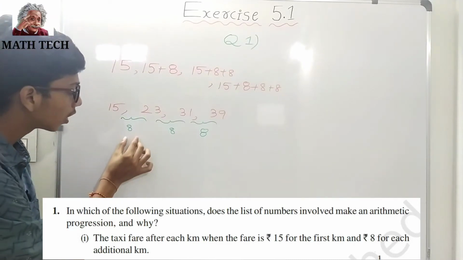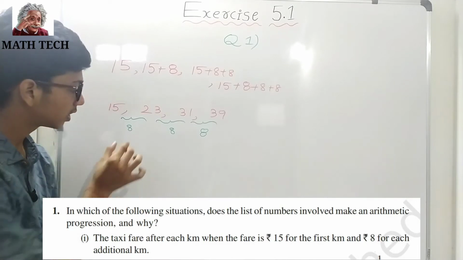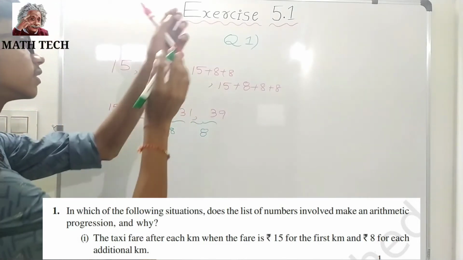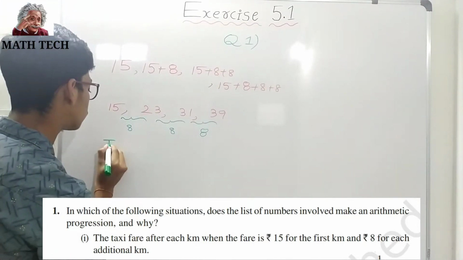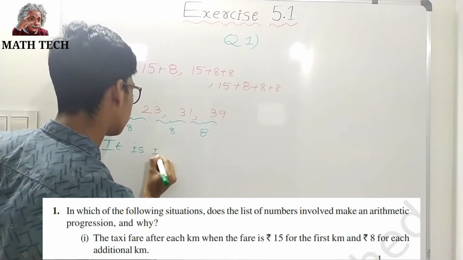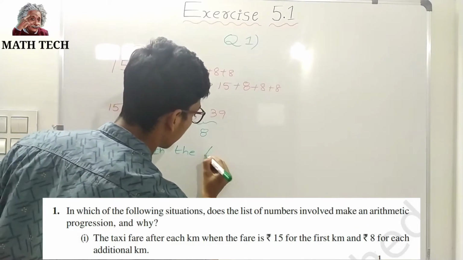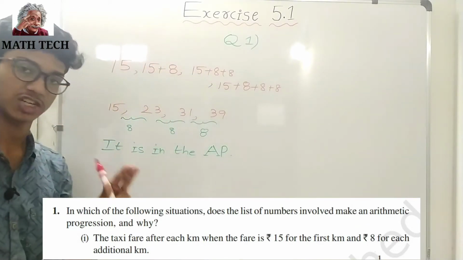So here we obtained a fixed common difference, that is 8. So we can say that this series of numbers is in arithmetic progression. So let's write that it is in AP, that is arithmetic progression.